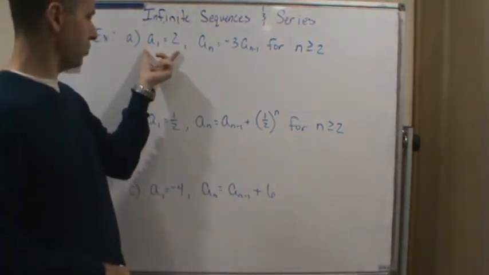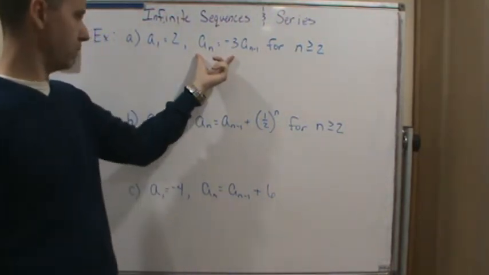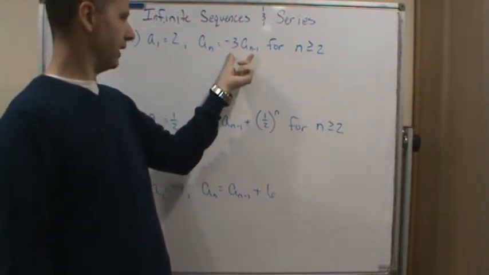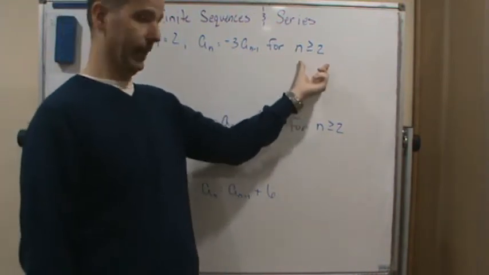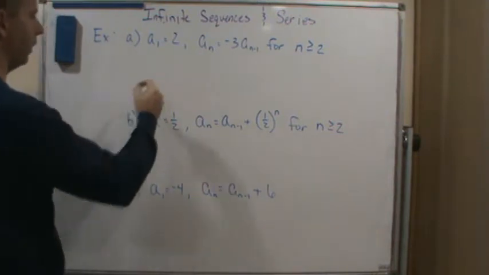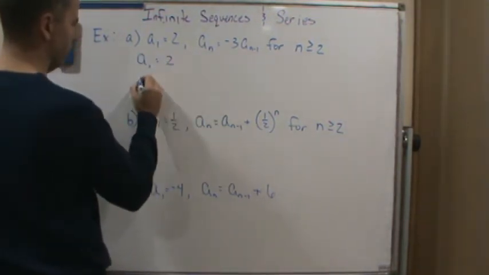A sub 1 is 2, and then a sub n for all subsequent terms is defined recursively. A sub n is equal to negative 3 times a sub n minus 1 for all n greater than or equal to 2.